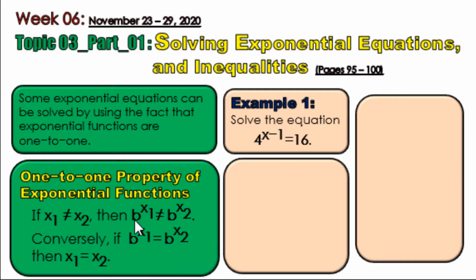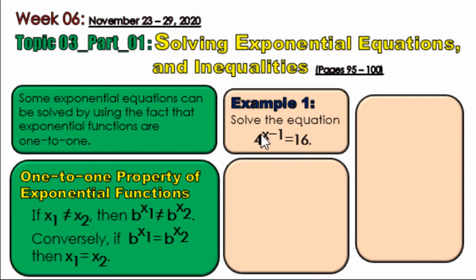If these two expressions are not equal, though they have the same base, we can say that the exponents are also not equal. Later you will understand what this one-to-one property means with an example.